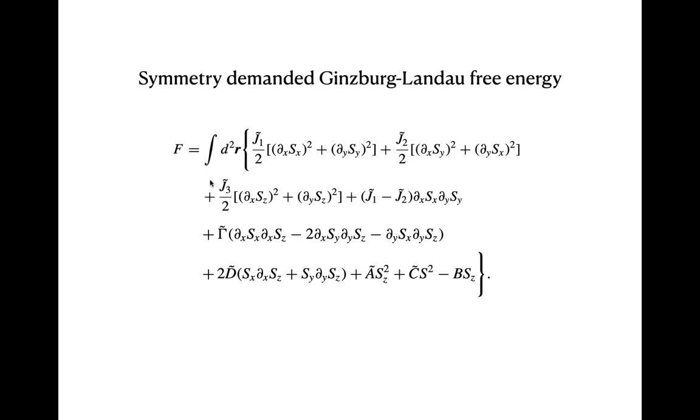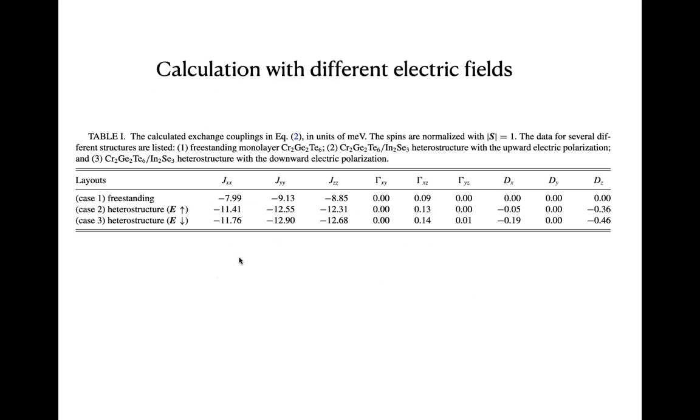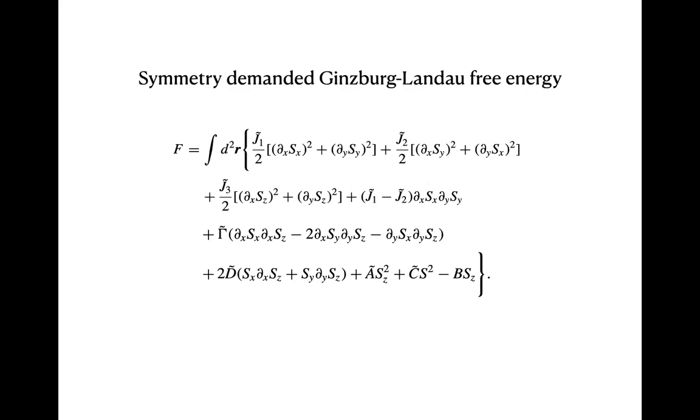Because of the absence of continuous spin rotational symmetry, symmetry allows many anisotropic interactions of the spins, so this is highly anisotropic even at the quadratic level. These parameters can be computed from the exchange components that we obtain from ab initio calculations.